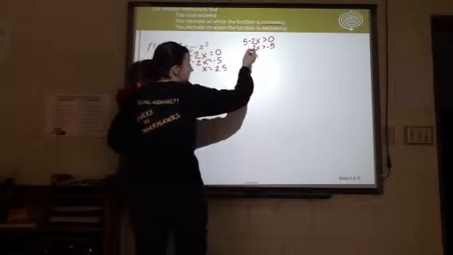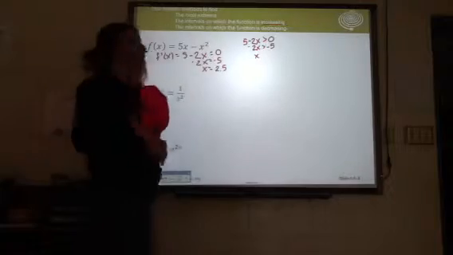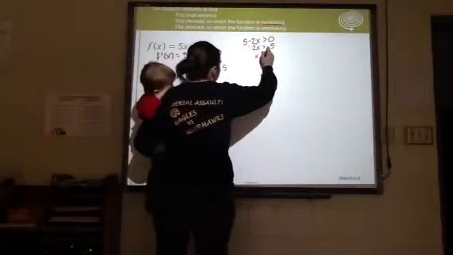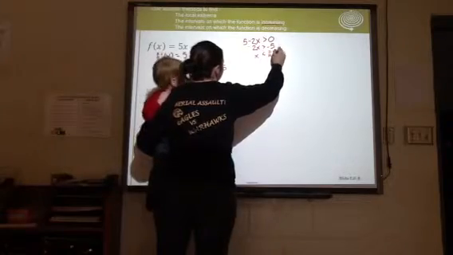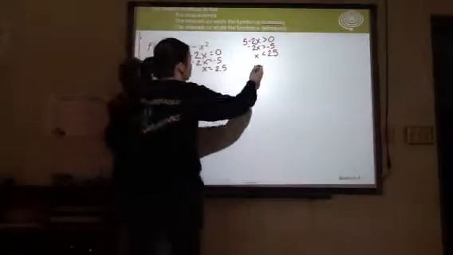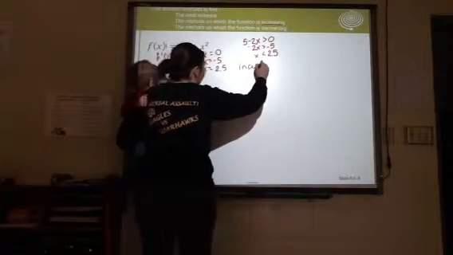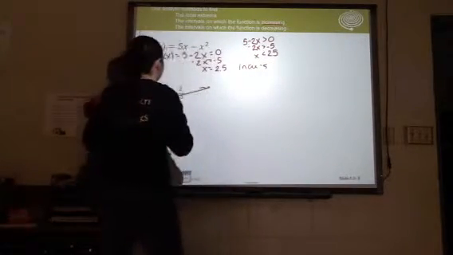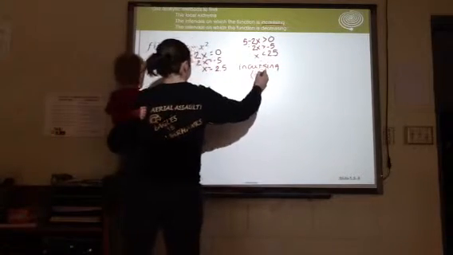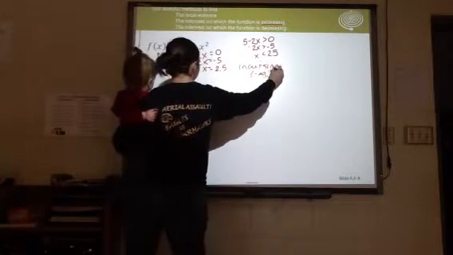Divide by a negative 2. Think back to Algebra 1: when you divide by a negative, you switch the sign. So x is less than 2.5. So this function is increasing when x is less than 2.5, so we can answer that part of the question. Increasing from negative infinity to 2.5.